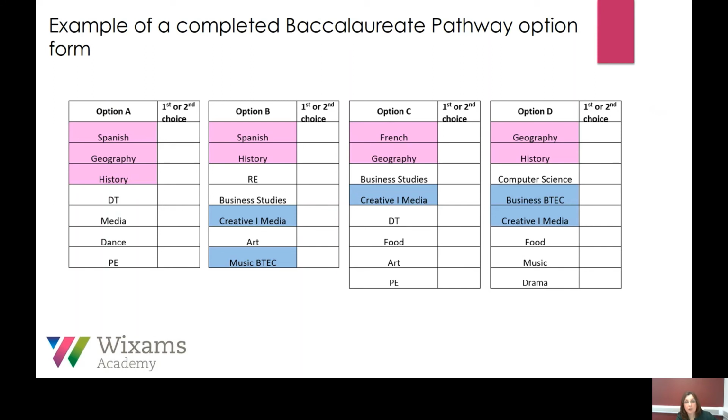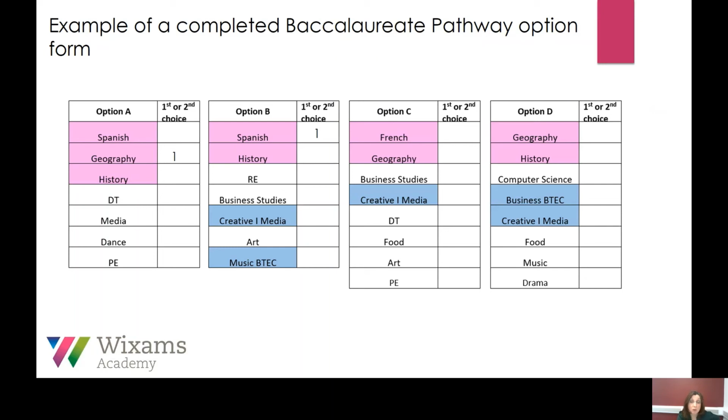Okay, now if you haven't got the baccalaureate pathway form, you'll see that it's very similar to the Wixams pathway and the bespoke pathway. But for a baccalaureate student, we're asking you to choose a humanity, geography or history, and a language, say Spanish or French, and put a 1 next to them in that column, whichever is your choice.